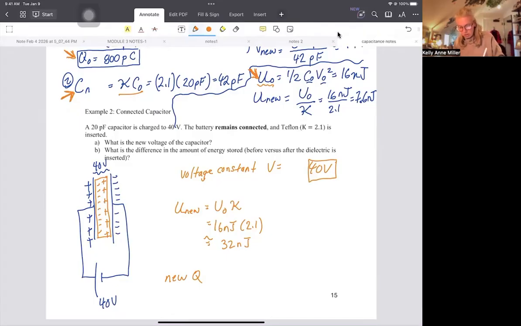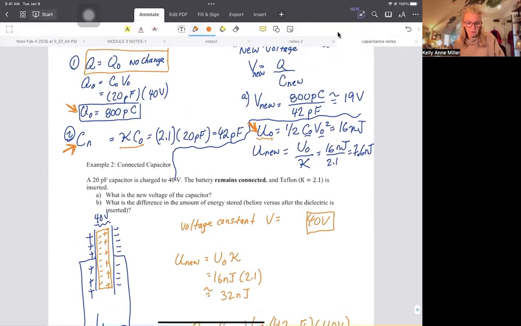So the new Q is going to equal the new capacitance times V, which stays the same, right? The new capacitance is just 42 picofarads, which we calculated in case A, times 40 volts, which doesn't change. So that is equal to 1680 picocoulombs.